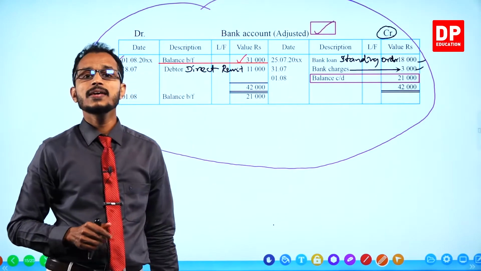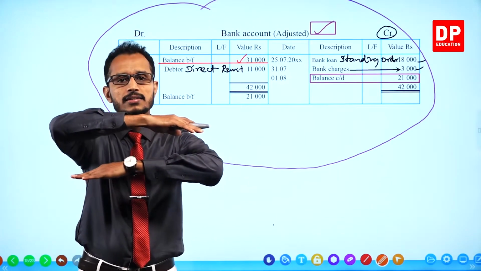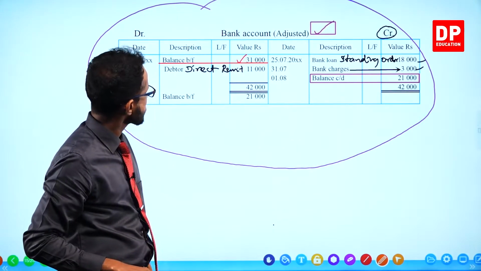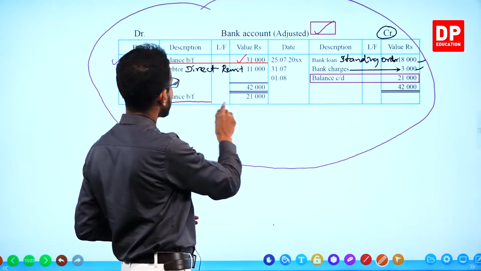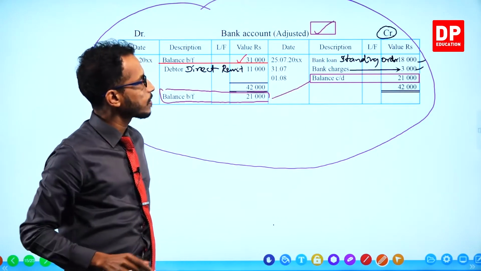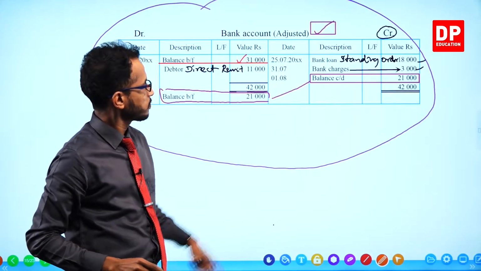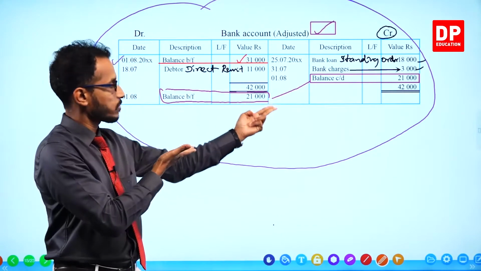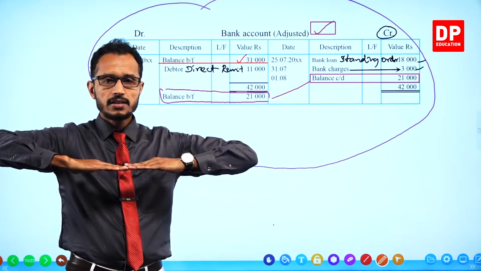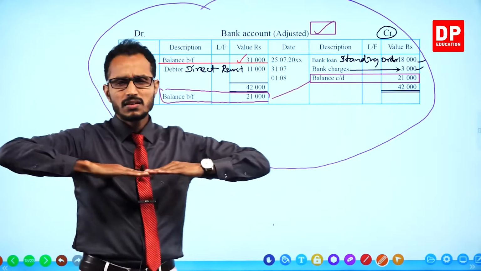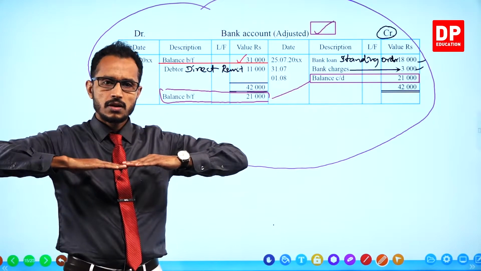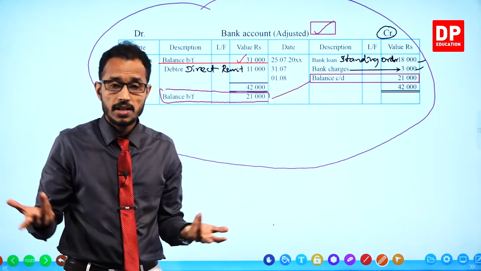Now we need to reconcile this balance. The balance carried down is brought forward to the debit side. We need to reconcile the balances now, right? What balances am I talking about?